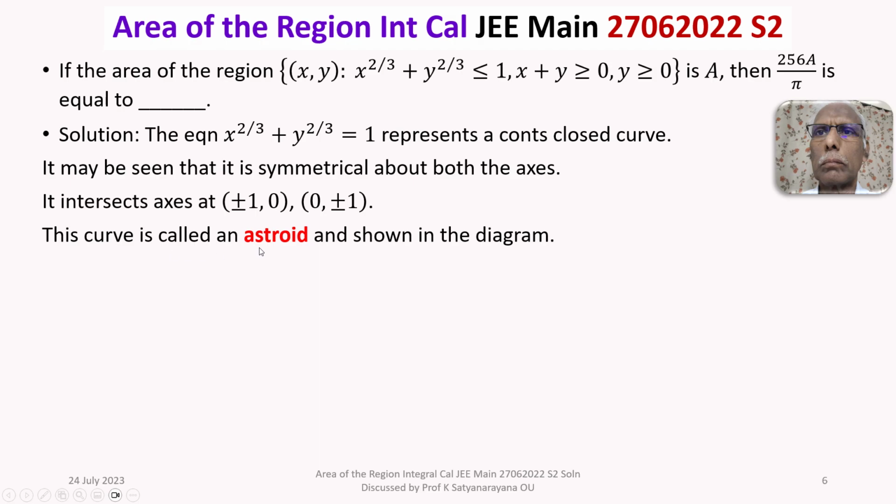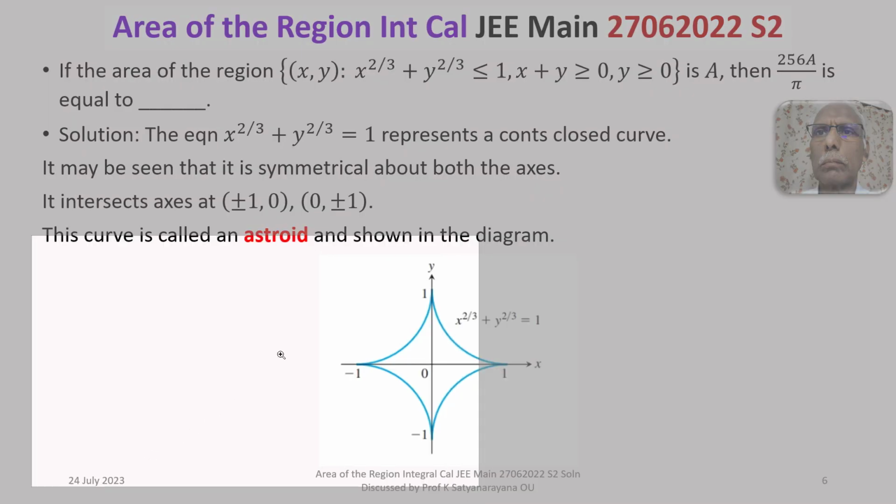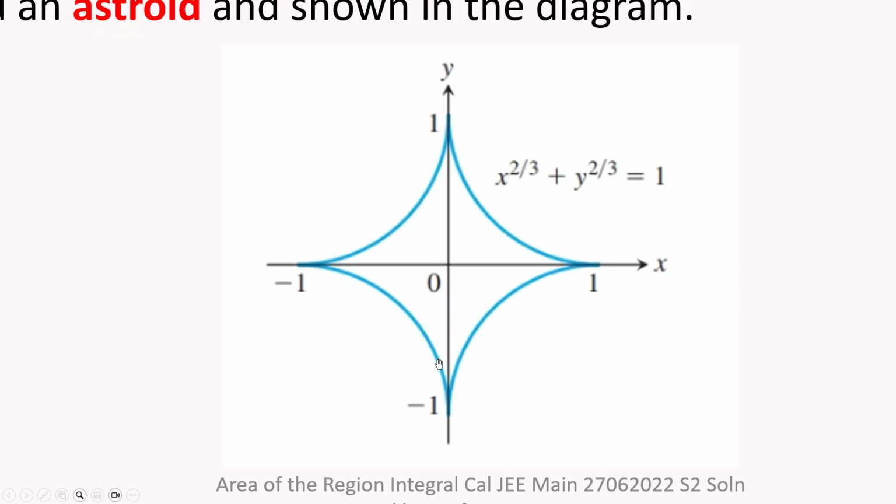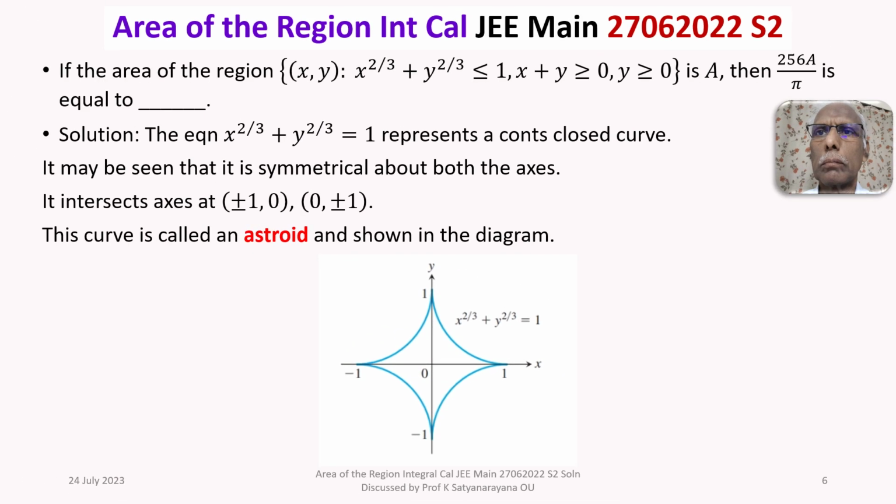This curve is known as an asteroid and is shown in the diagram. This is the one, and I will show you in a magnified fashion. So this is the curve. Agreed. Now let's move to the next slide.